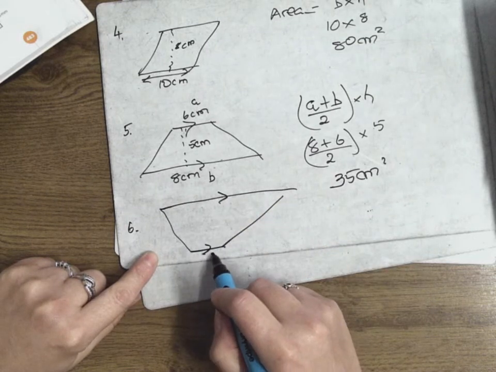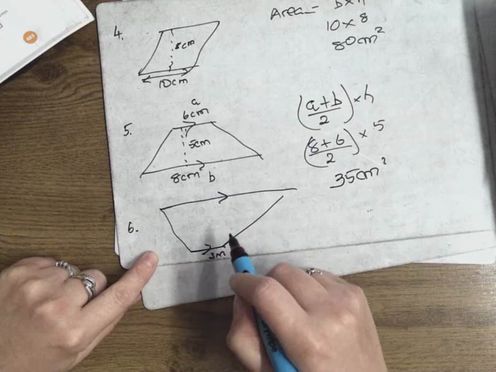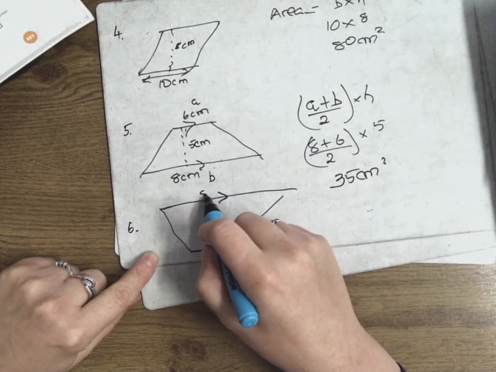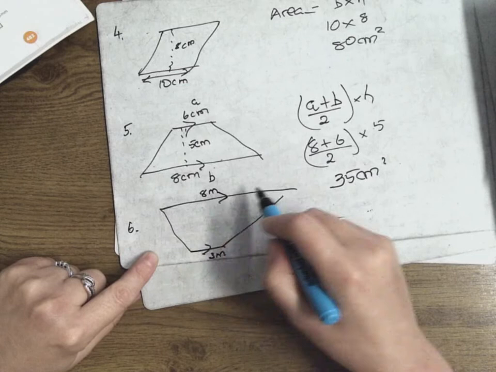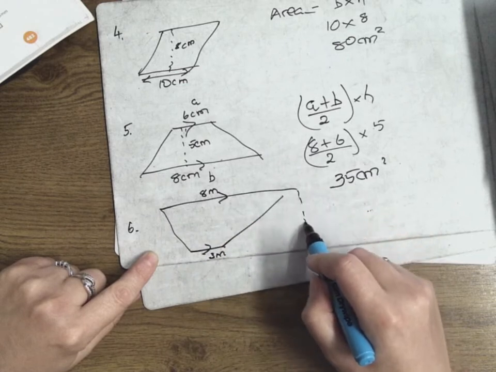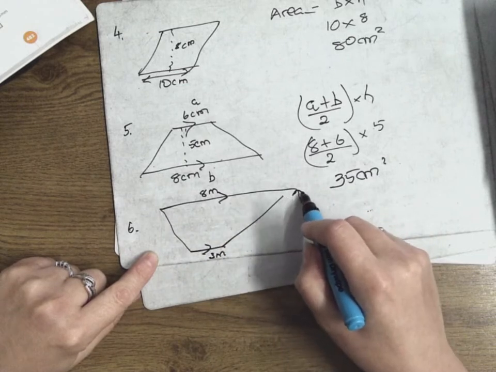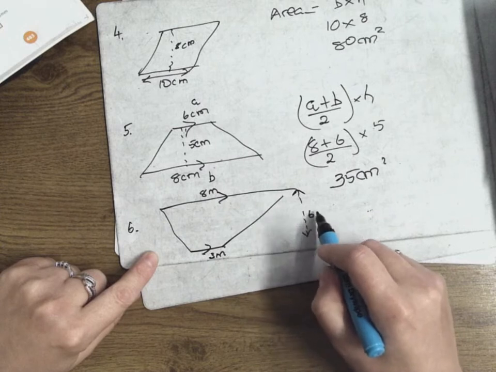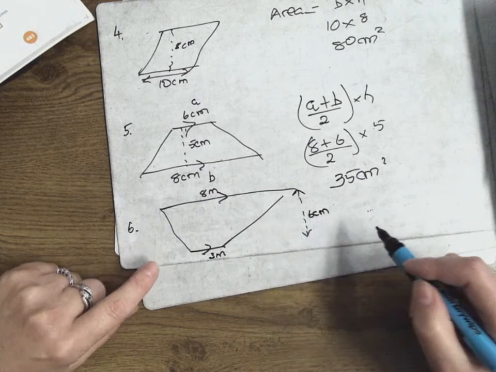I said the bottom here measures 3 meters, the top here measures 8 meters, and the distance between them, I just put it on the outside for argument's sake. I'll say the distance between the 2 lines is 6 centimeters.